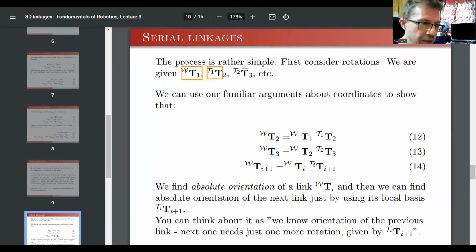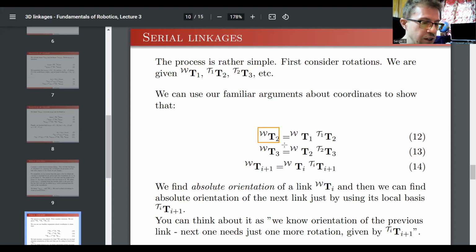What we have is the first frame in omega, the second basis in the first basis, the third basis in terms of the second basis, etc. So we have relative orientations. What we want is absolute orientations: T2 in omega, T3 in omega, Ti in omega.